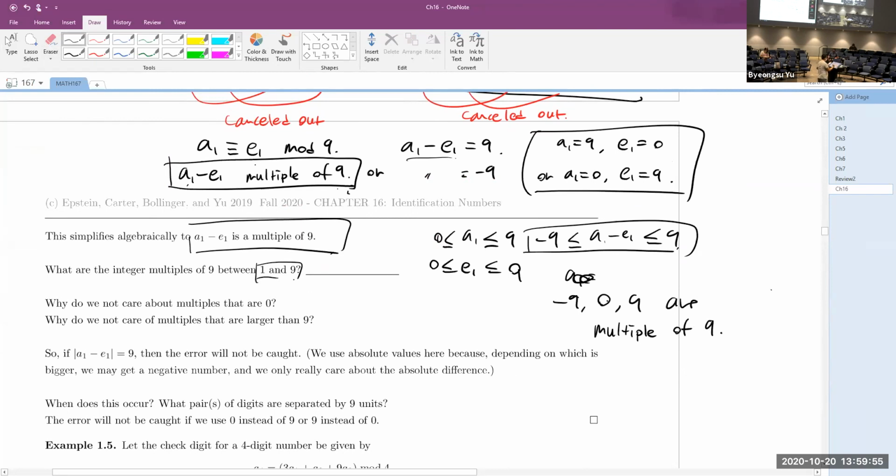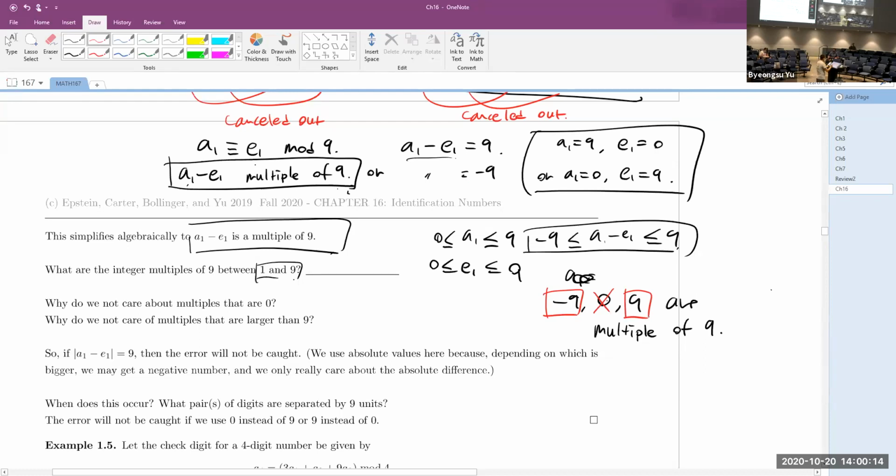But 0 cannot be here, right? 0 means that A1 and E1 are the same, but we assume that E1 is different from A1, so 0 cannot be here. So the only things we can have are negative 9 or 9, right?